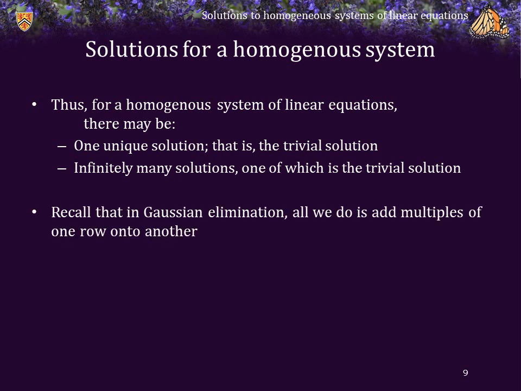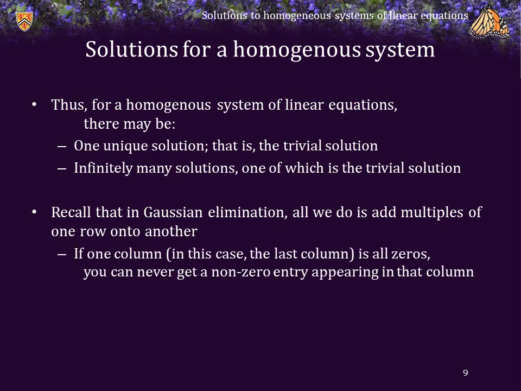Now, recall from Gaussian elimination, all we did was add multiples of one row onto another. Consequently, if one column, in this case the target vector, or the last column, is all zeros, there is no operation in Gaussian elimination that will ever allow a non-zero entry to appear in the rightmost column.